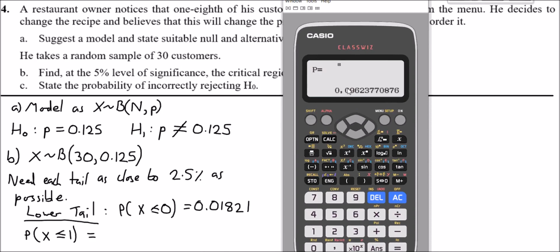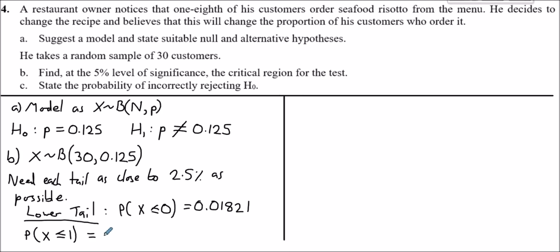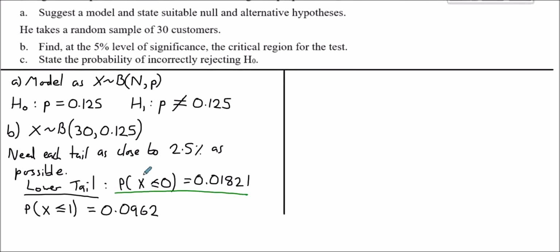That's 0.09. That's ballooned to almost 10%. So clearly, it doesn't take a genius to see that the value which gives the tail nearest to 2.5% is x being up to and including 0, just x equals 0. So the lower tail must be x equal to 0.